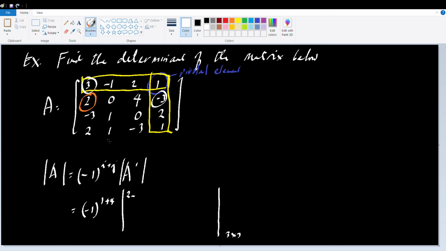Then 0, we subtract the product of -1 and -3.